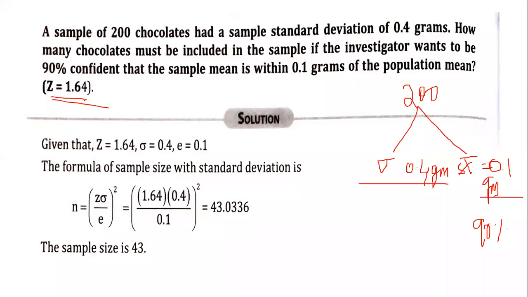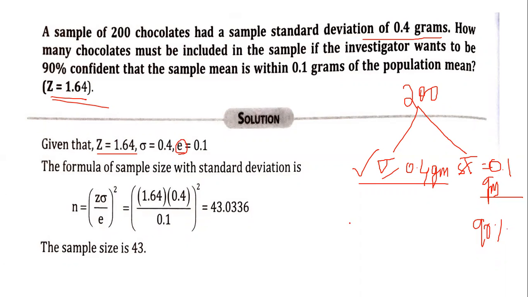Here, there are two types of problems. Type number one is when the standard deviation is given, and type number two is when the population proportion is given. So here we are solving the standard deviation problem. Write down the Z value, that is 1.64, the standard deviation value 0.4 grams, and then the standard error.